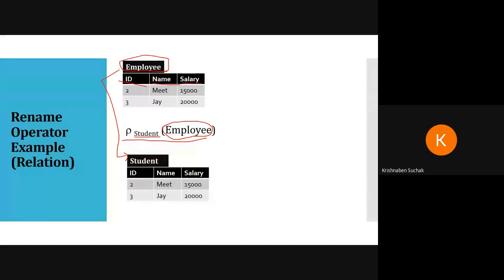Yeah, correct. Row enrollment number. In brackets you have to write the relation name. ID is not a relation name. Bhavin, note it down please. You have to write employee in brackets here, not ID. Student ID, enrollment number. No, Jai. In brackets again, you have to write the relation name.